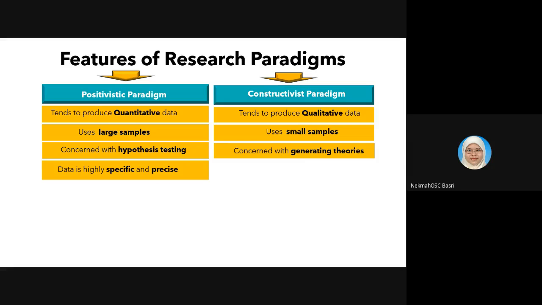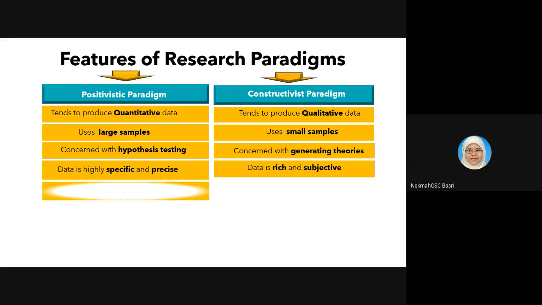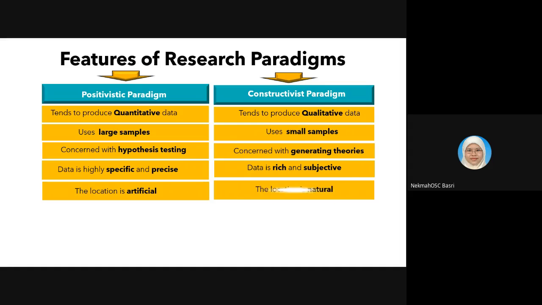For the quantitative data, the data is highly specific and precise. For the constructivism paradigm, data is rich and subjective. The location is artificial for positivism, while for the constructivist paradigm, the location is natural.